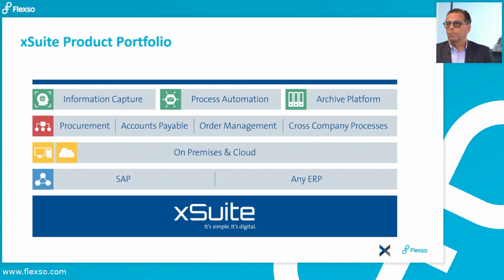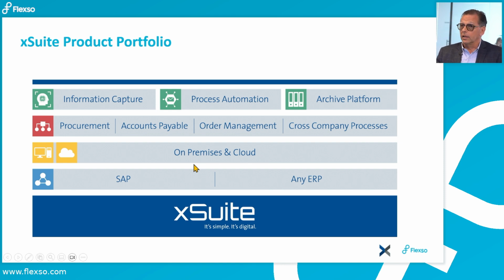Then the archive platform. For electronic document handling, you need of course a decent archive platform, which can then follow your documentation online. If you look to the processes, we have procurement, so we have a workflow inside SAP on the procurement side, accounts payable, which we will see also today, order management, and also cross-company processes like delivery notes or other confirmations can be built up in a workflow process.